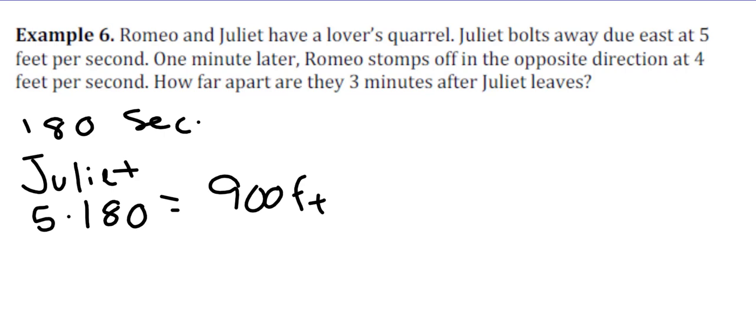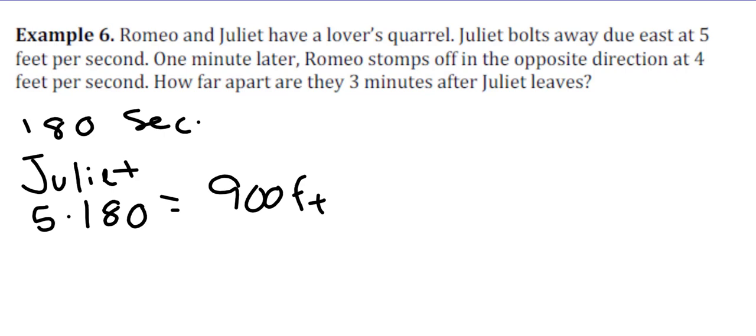All right, so now we got to figure out how far Romeo traveled. So Romeo is a little bit slower, right? He went 4 feet per second. Since Romeo waited a minute to storm off, how many seconds is that?